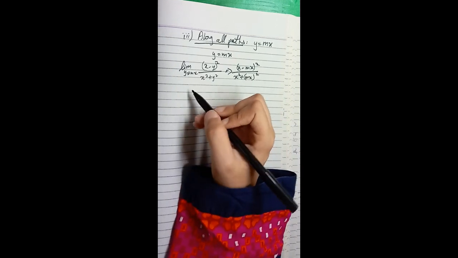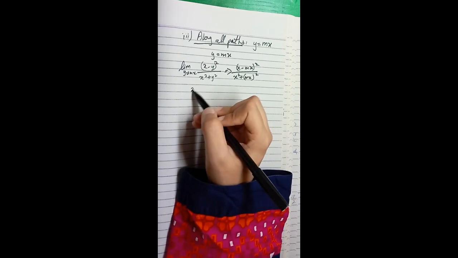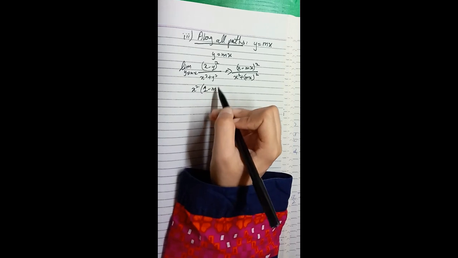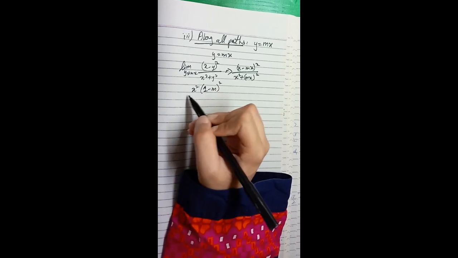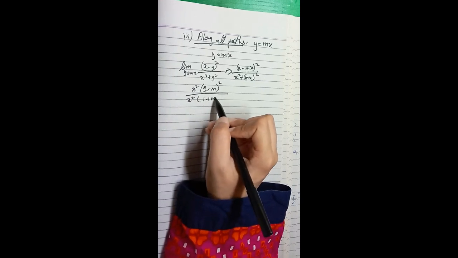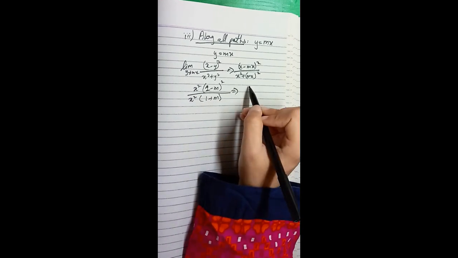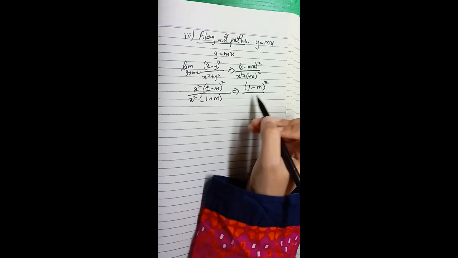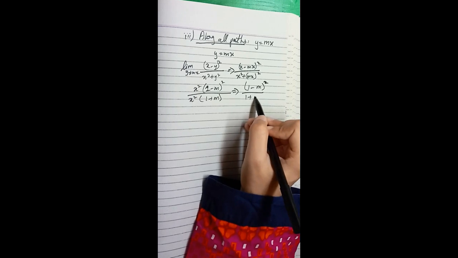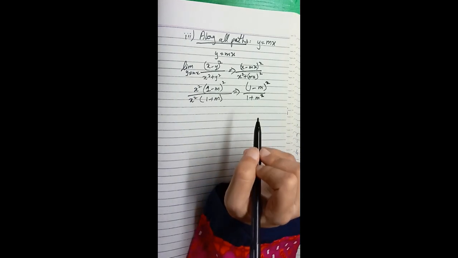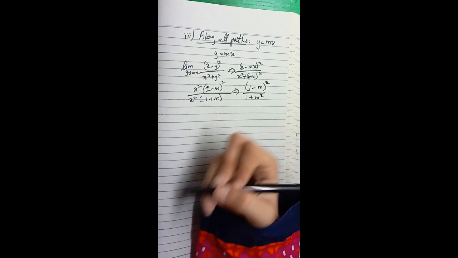So now we will take the x square common, x square into (1 minus m) whole square divided by x square into (1 plus m square). So we will have (1 minus m) whole square divided by (1 plus m square).